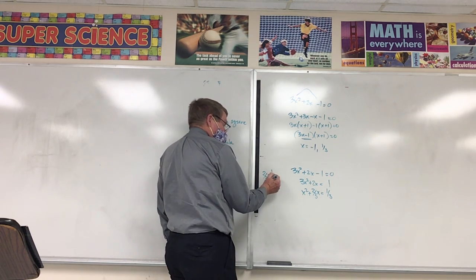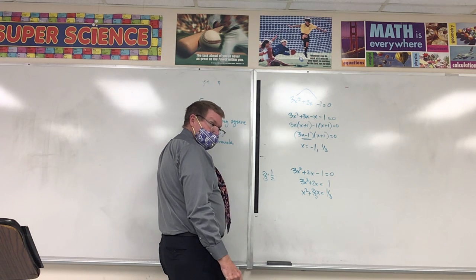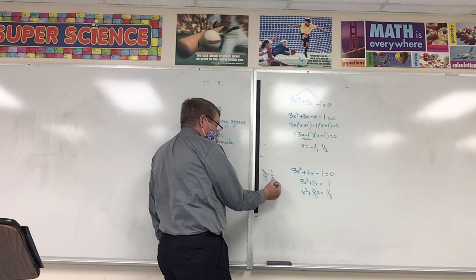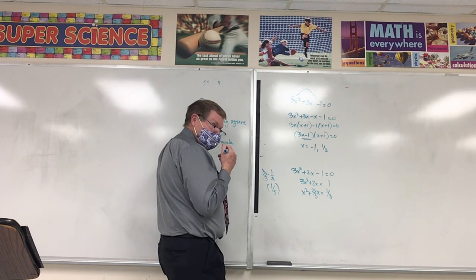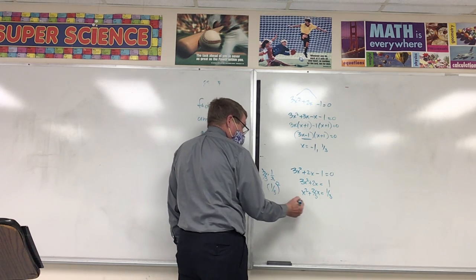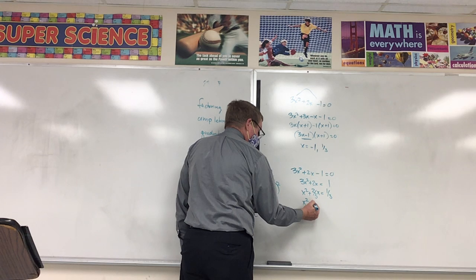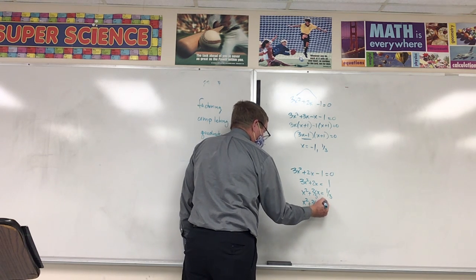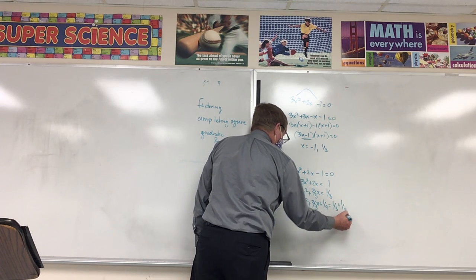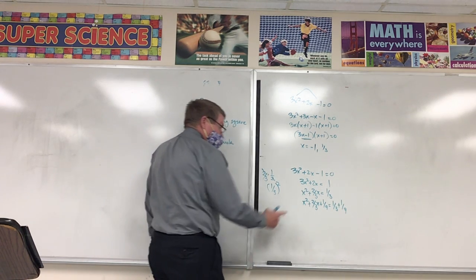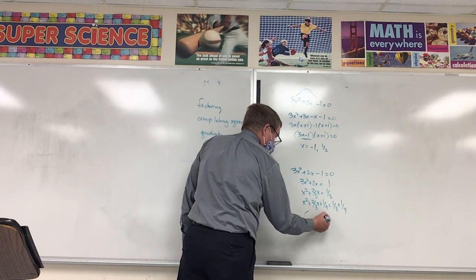Multiply by 1/2, which is divided by 2, correct? 2's cancel out. 1/3. And what are we going to do with that? Square it, which is 1/9. Add to both sides.